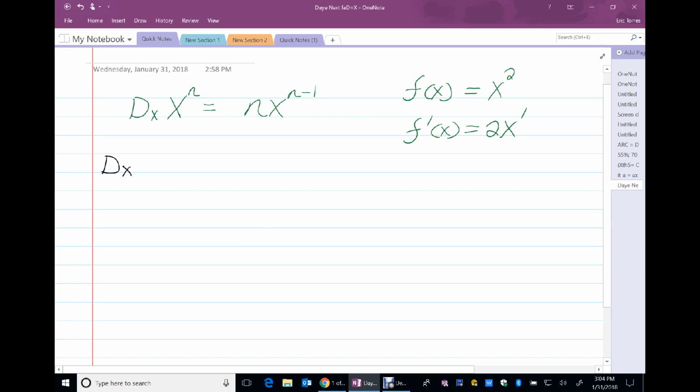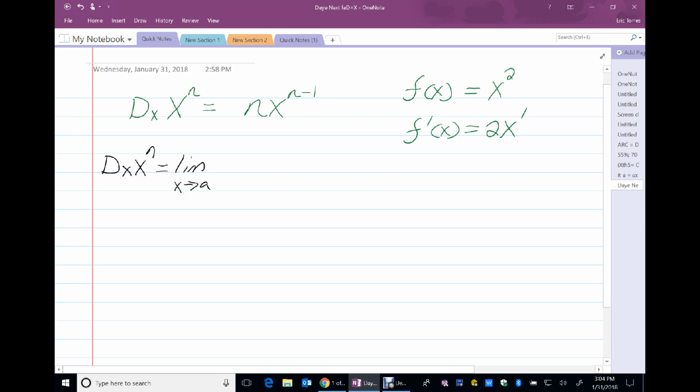To take the derivative of x to the n, I'm going to use the limit as x goes to a of, first thing I'm going to have is f of x minus f of a, the technique I'm going to use.